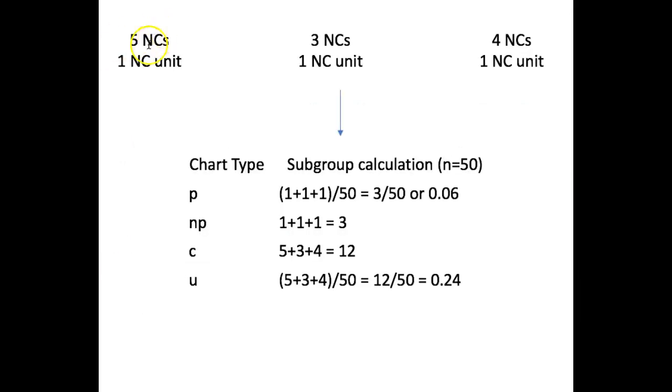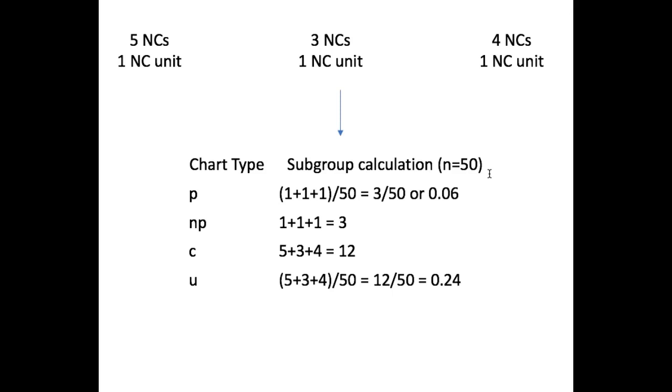Here we go. So here's the data again from our 3 pairs. Remember, these are the only 3 defective ones out of our total sample size of 50. For a P chart, that is the fraction of nonconforming units. We have 3 nonconforming units out of 50, so that's 0.06, and that is the number that we're going to plot on the y-axis.